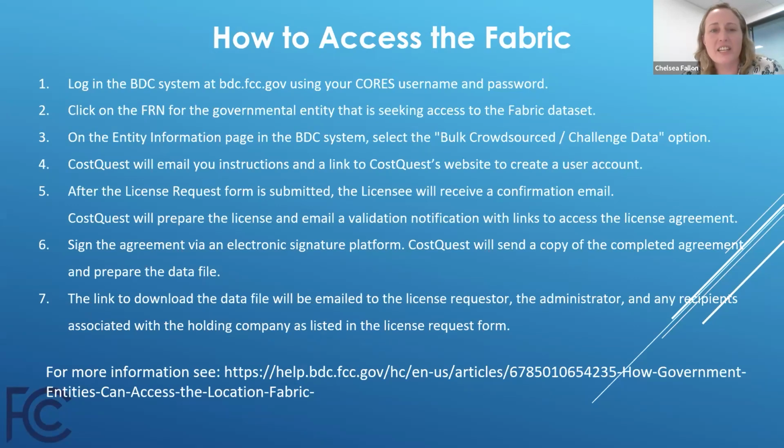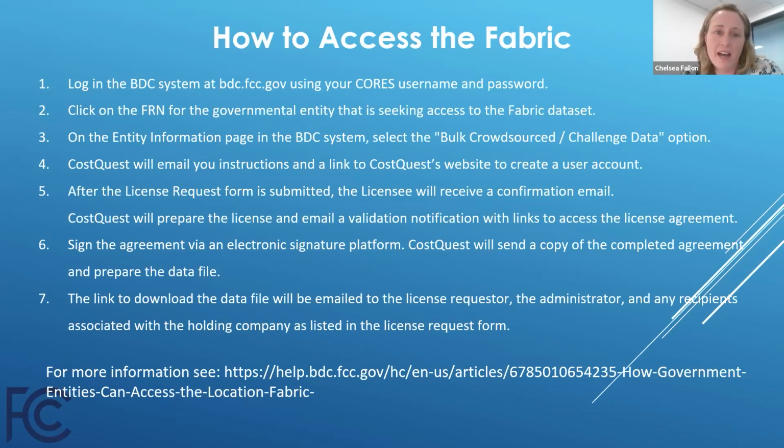And essentially, you would first log in to the BDC system at bdc.fcc.gov. Fill out the entity information page for your FRN and indicate there that you want to submit bulk challenge or crowdsource data rather than broadband availability data.